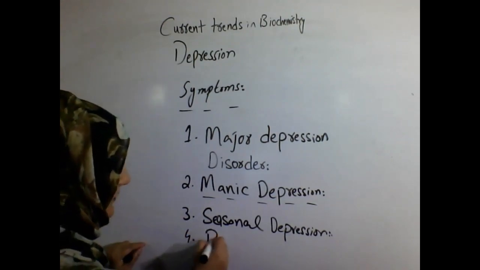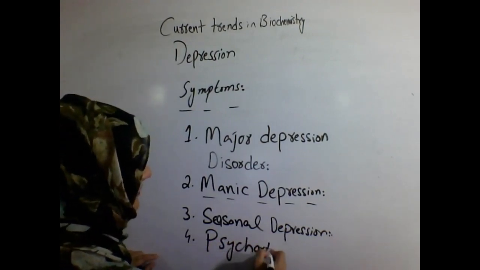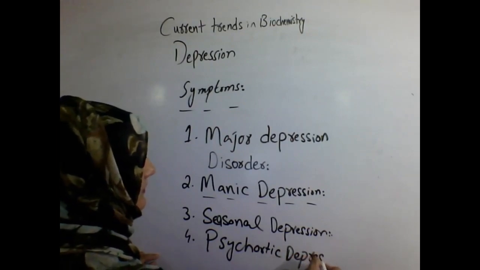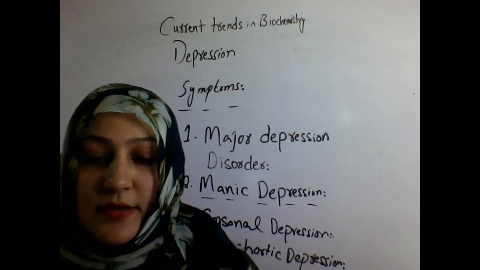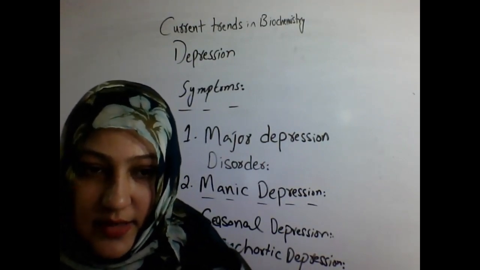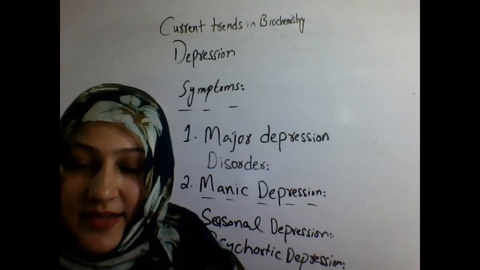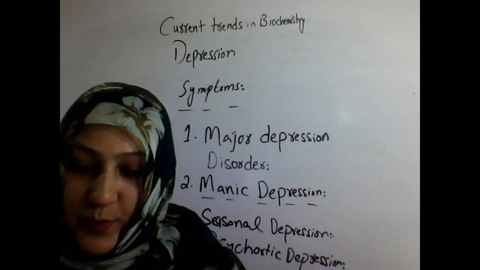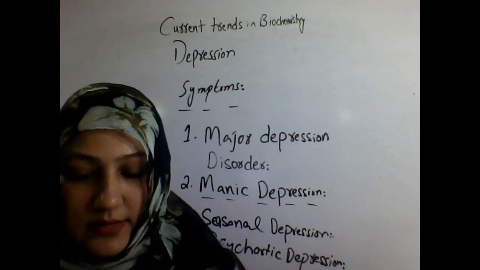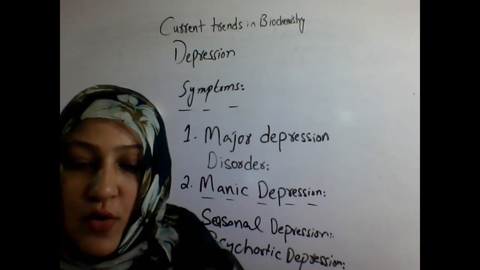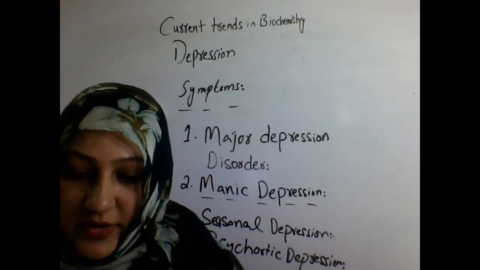Fourth type is psychotic depression. As shown by the name, this type of depression is related to psychotic symptoms present within the patients: hallucinations, seeing or hearing things which are not actually occurring, not actually present, delusions, false beliefs of the person about some situations or some things, paranoia, belief of harm from others, that others can be harmful for them.